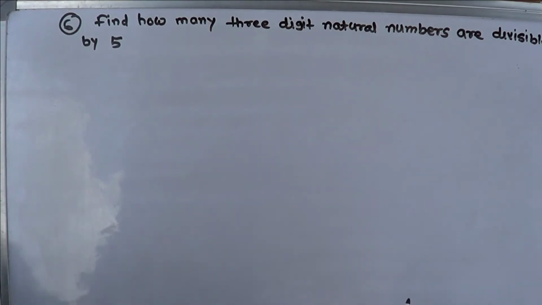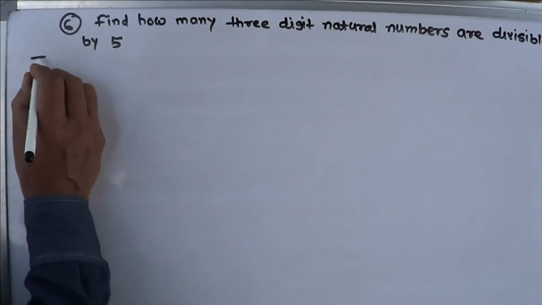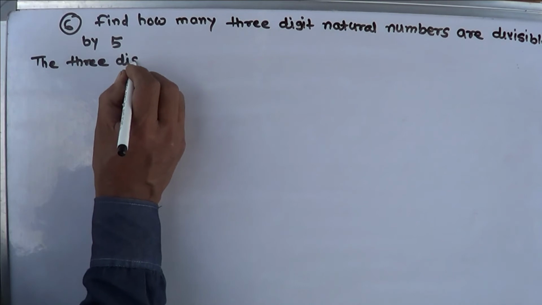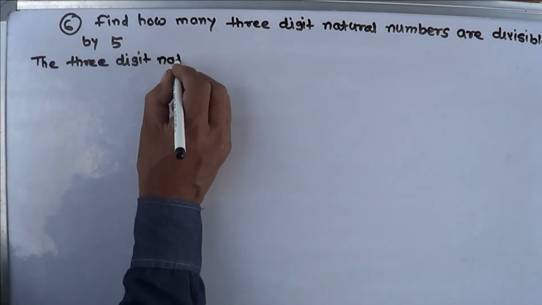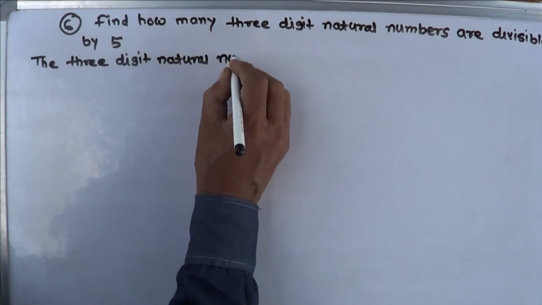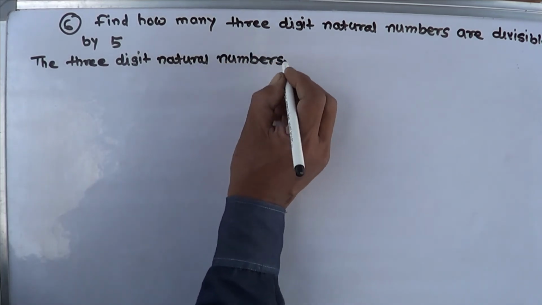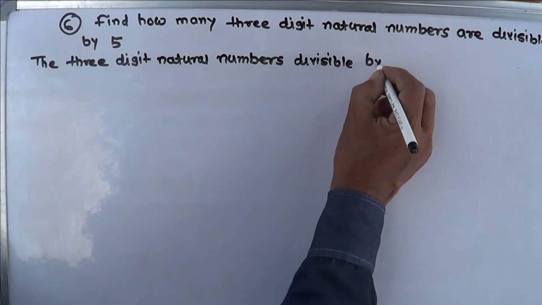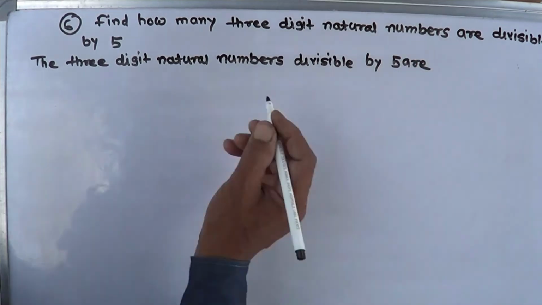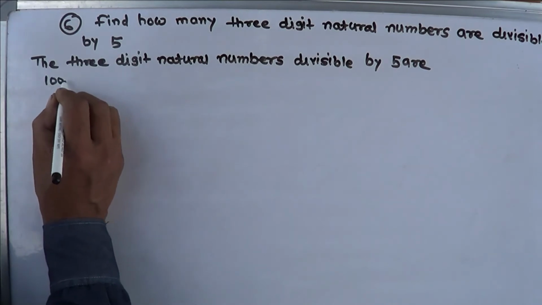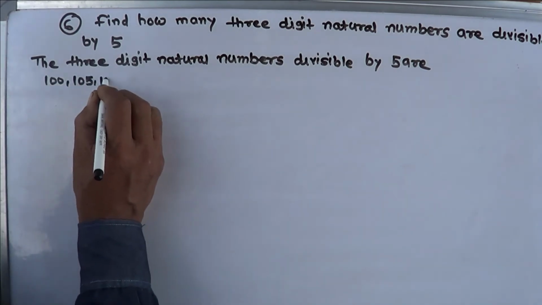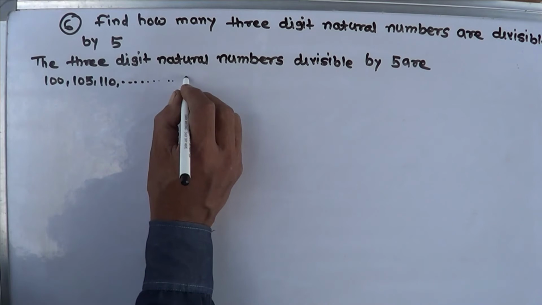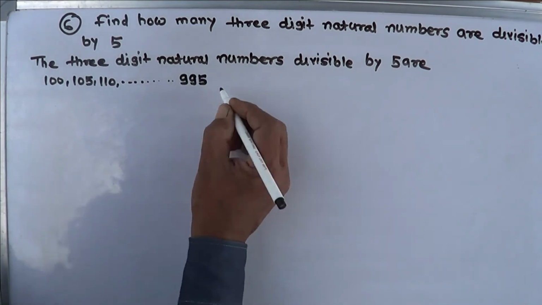So we will write the 3-digit natural numbers divisible by 5 are: our first number will be 100, then 105, 110, up to our last number, which will be equal to 995.